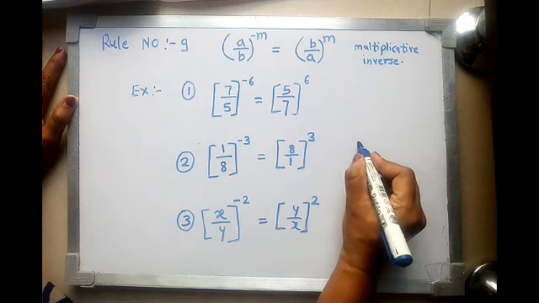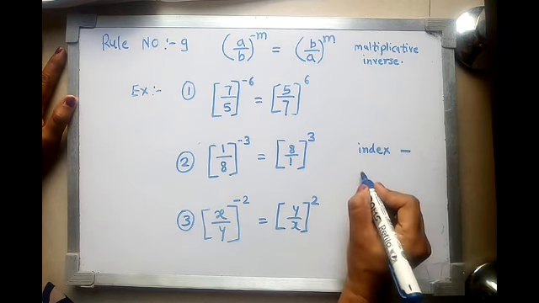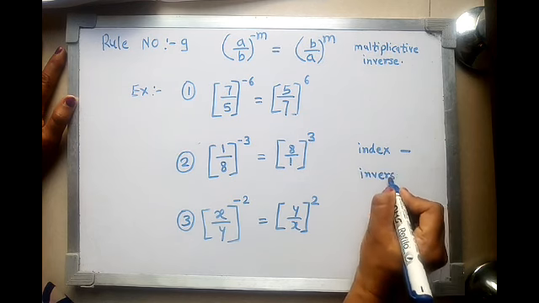When the index is minus, we convert into multiplicative inverse and write down the positive index.